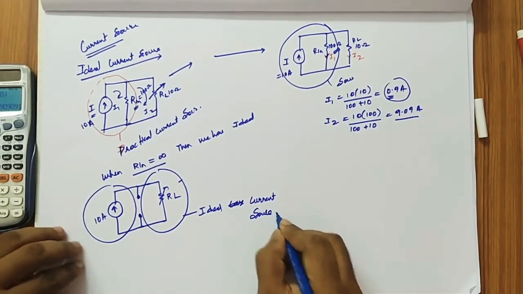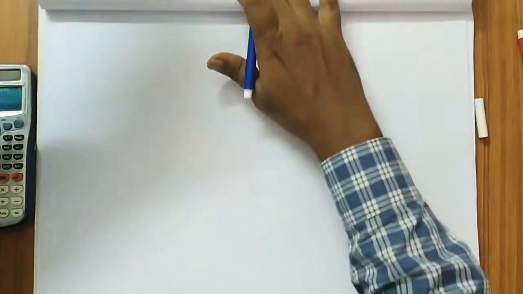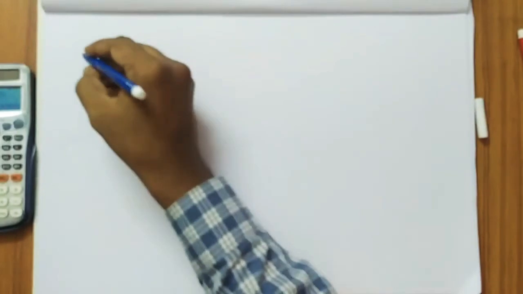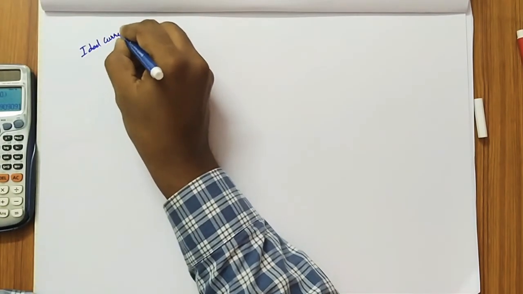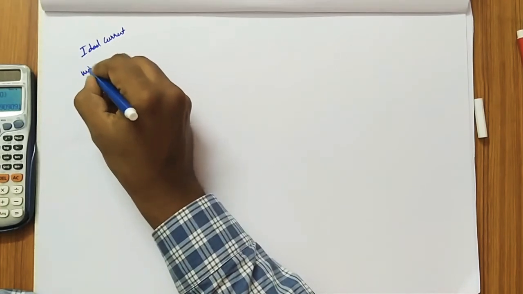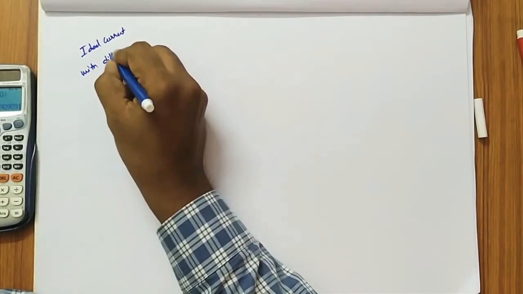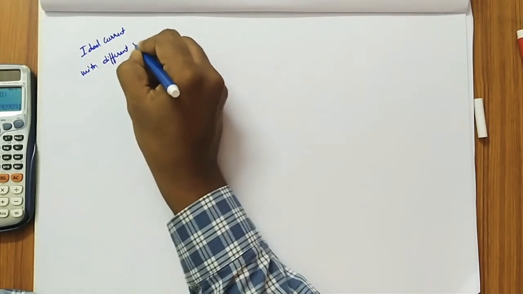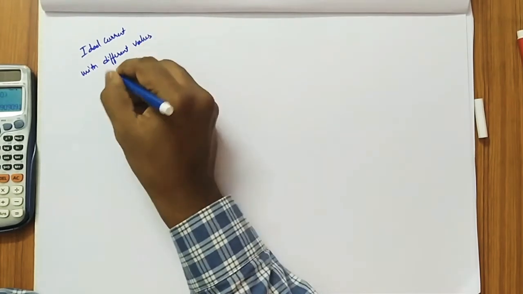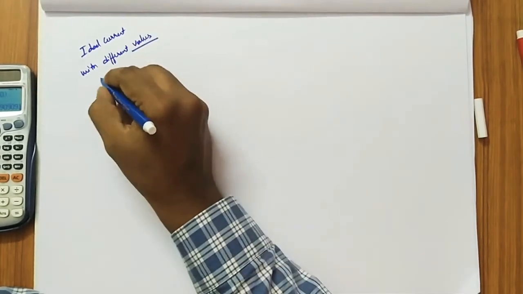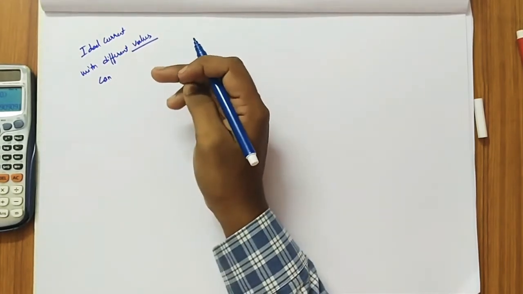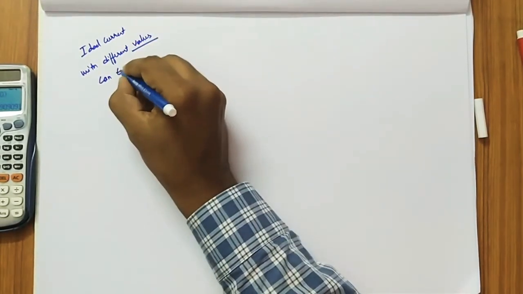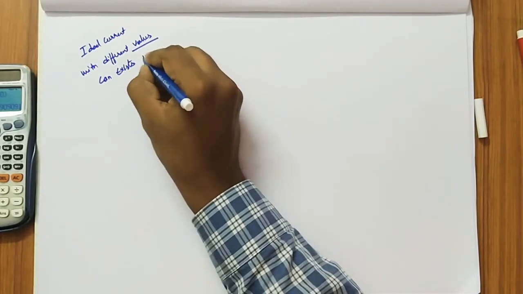Okay, now we will see the series parallel combination. Ideal current sources with different values can exist in parallel.